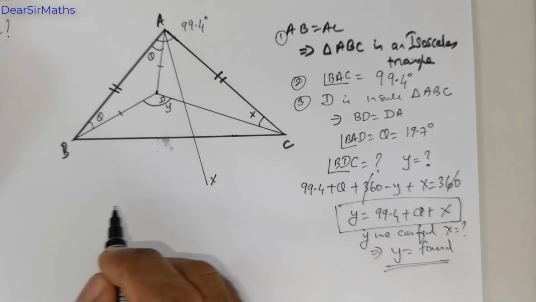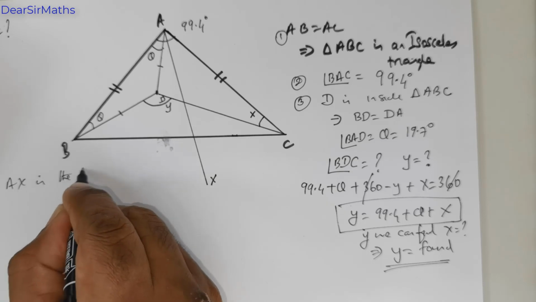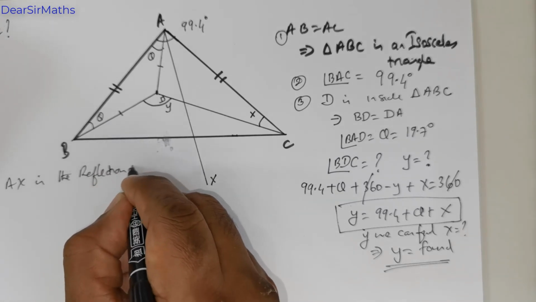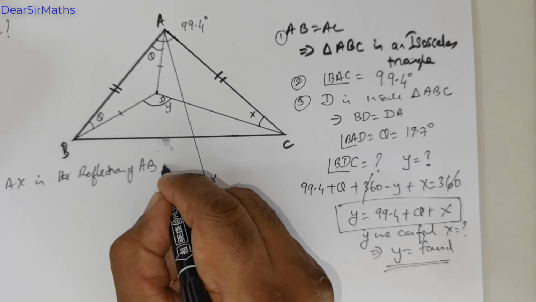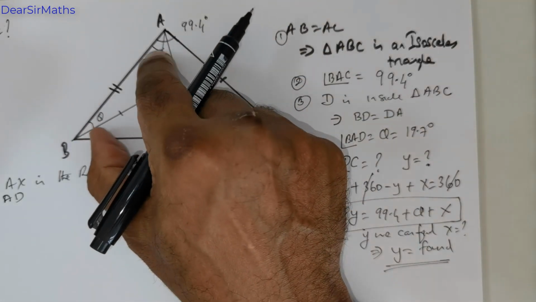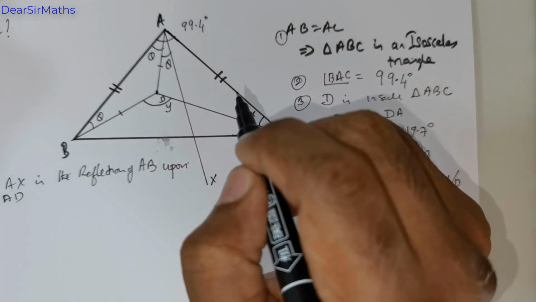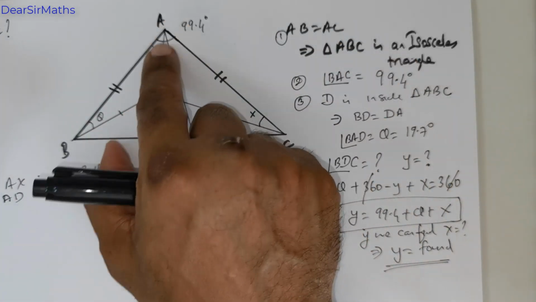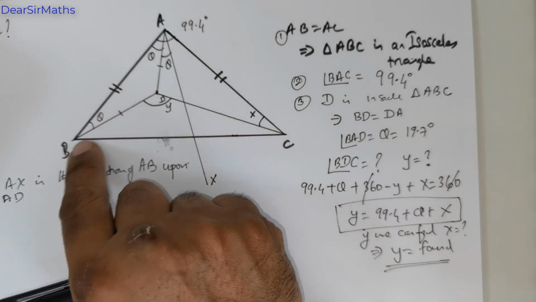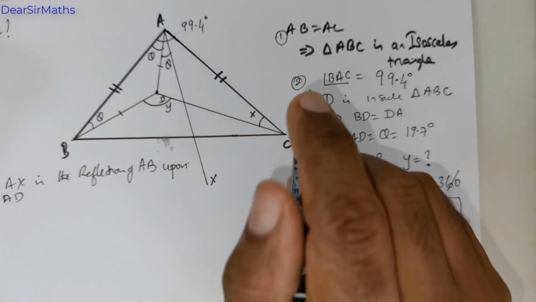So how exactly have we got this line? AX is the reflection of AB upon AD. Now this is theta, so this would also be theta, right? Now if you were to see this axis AD upon which this line AB is reflected, there is a line BD, so we need to reflect that line BD also.